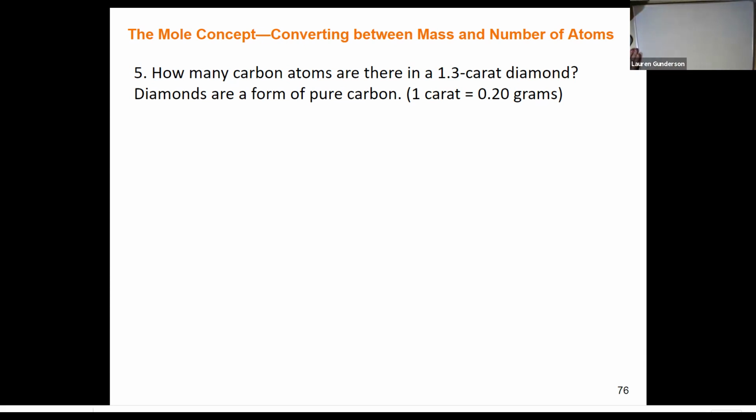So they're saying that you have a 1.3 carat diamond and you want to know how many carbon atoms there are in a 1.3 carat diamond. This is going to be your overall question. They give you the conversion factor between carats and grams right here, and as you can imagine, that's going to be important.